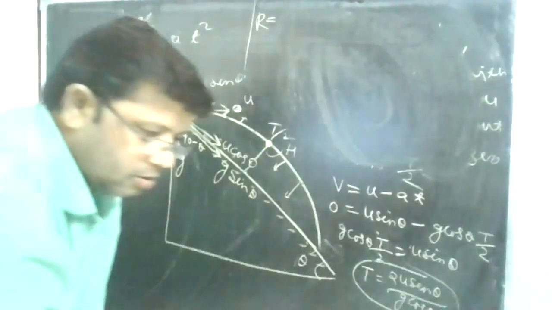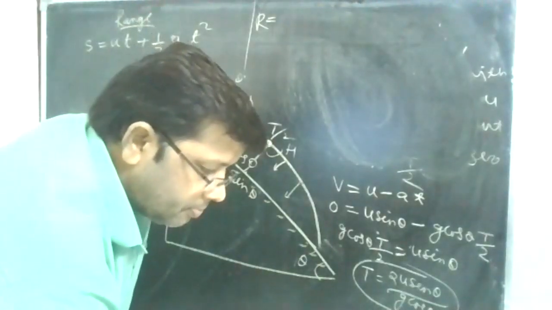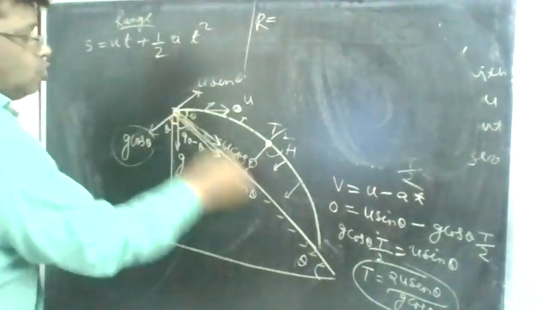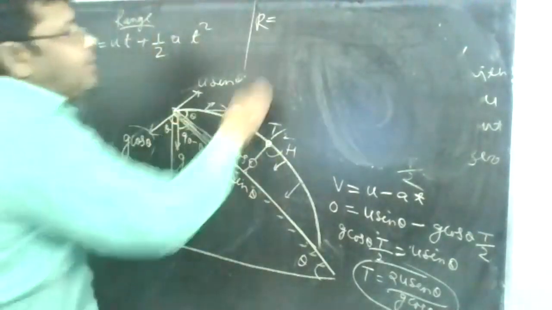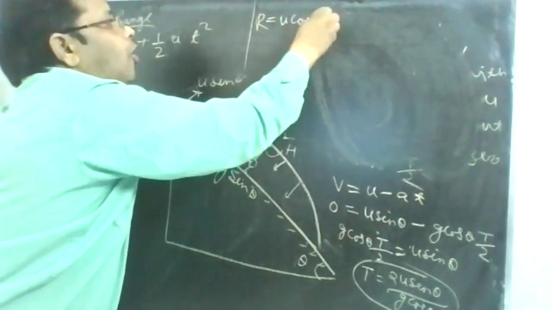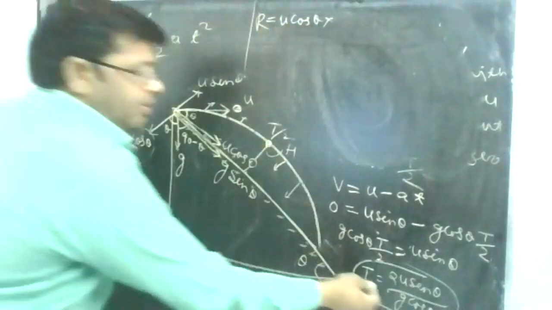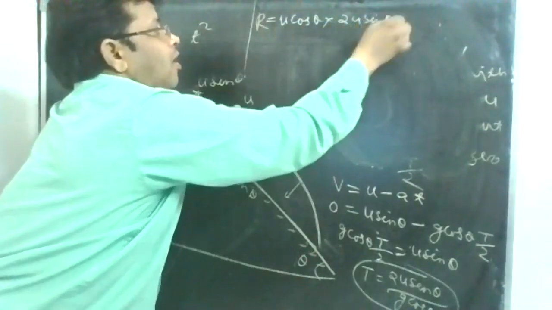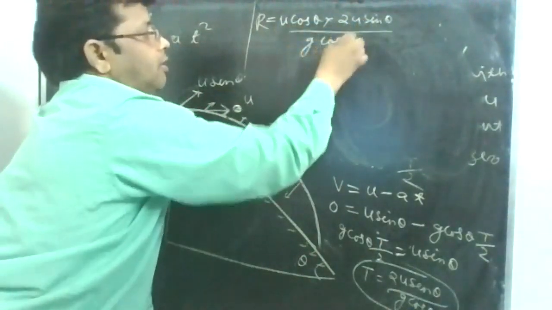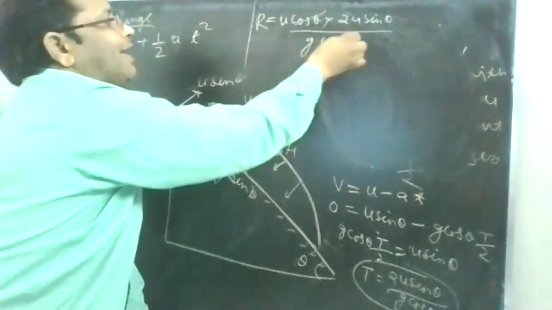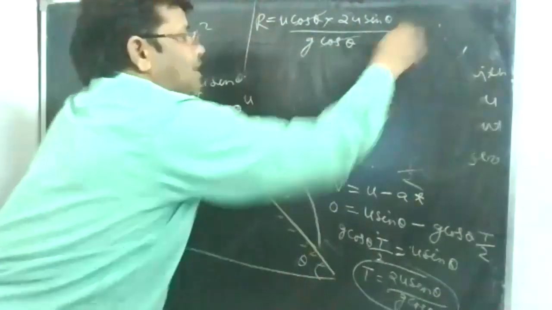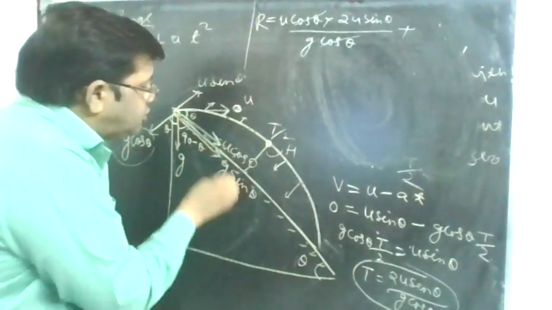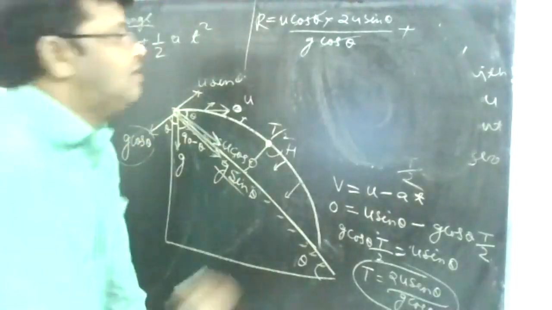Yes बेटा, now see here. बेटा इस हॉरिजॉन्टल डिस्टेंस को रेंज लिखा, इनिशियल वेलोसिटी क्या है बेटा, u cos θ, और टाइम क्या है बेटा, ut, टाइम क्या है बेटा 2u sin θ अपॉन g cos θ। बेटा ये cos θ कैंसिल कर सकते हैं, प्लस क्यों लिखा बेटा, बिकॉज द in the direction of initial velocity acceleration is there, and what is the acceleration, g sin θ plus half.